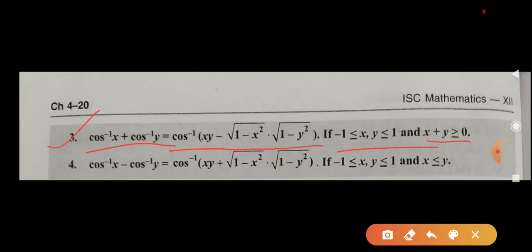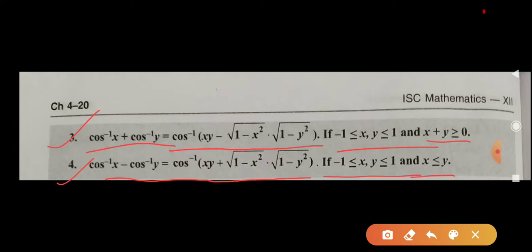Their condition was x square plus y square less than or equal to 1; here x plus y is greater than or equal to 0. Fourth, cos inverse x minus cos inverse y equals cos inverse of xy plus under root 1 minus x square into under root 1 minus y square. The condition is given: x and y from minus 1 to plus 1, and x is less than or equal to y. This is also the condition.